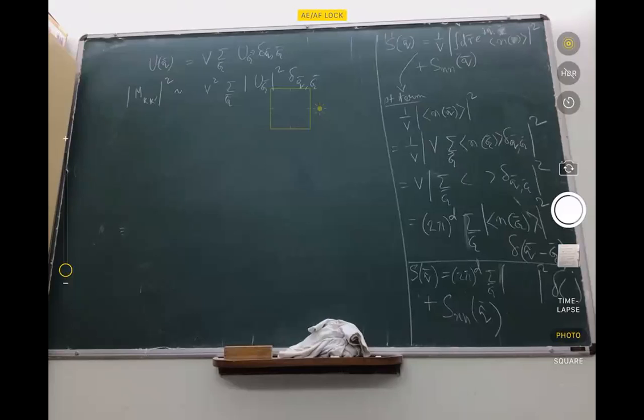And in an ideal crystal, this N(G) would be the same at all G's. So you will have the same contribution at all G's and only at the G's. So it's like delta function peaks at the reciprocal lattice vectors.